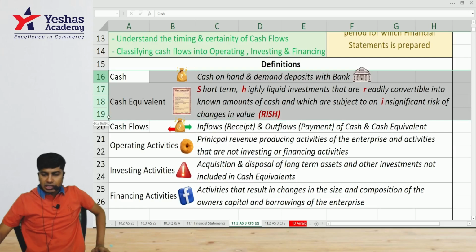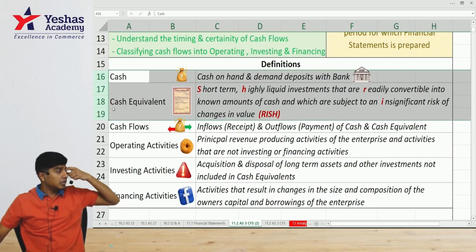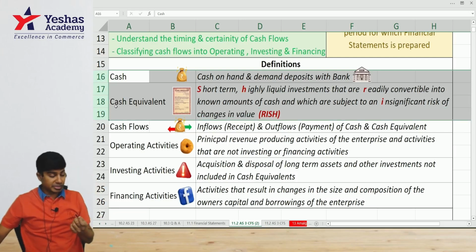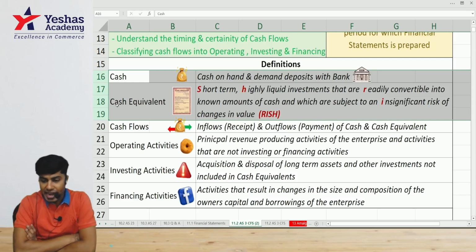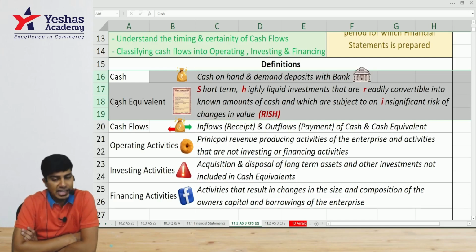Now let's do a small question on cash and cash equivalent before we go to cash flow. I'll give you a little time to read what is cash and what is cash equivalent. Come on, read this. What is cash? Cash on hand and demand deposit with bank. Very good. What is cash equivalent? Short term, highly liquid investments that are readily convertible into known amounts of cash and which are subject to an insignificant risk of changes in value.